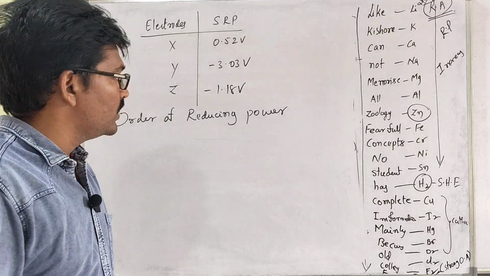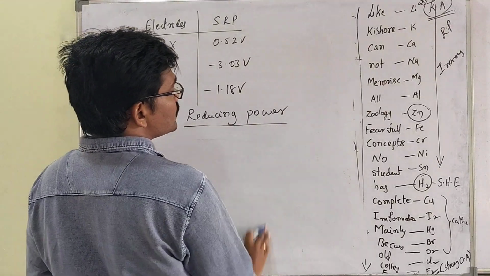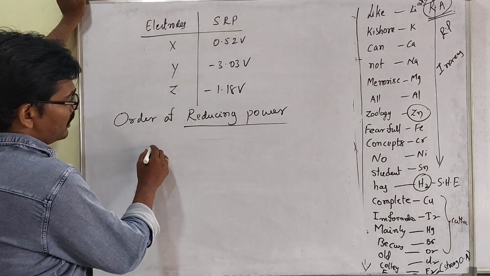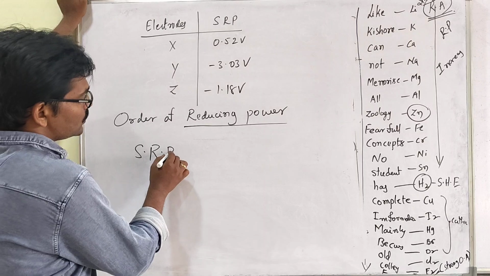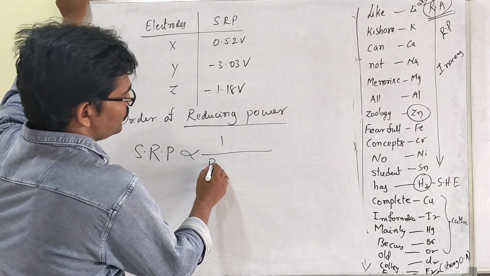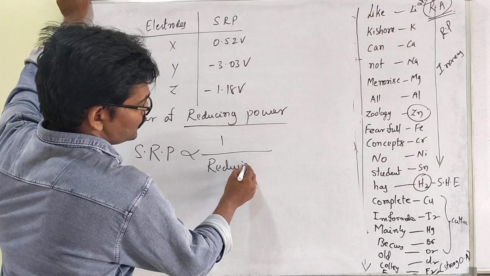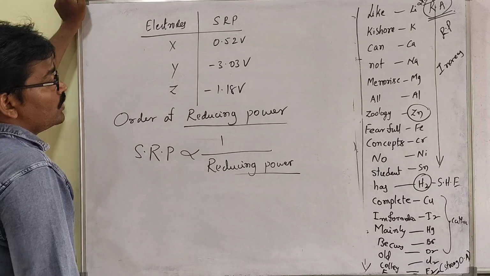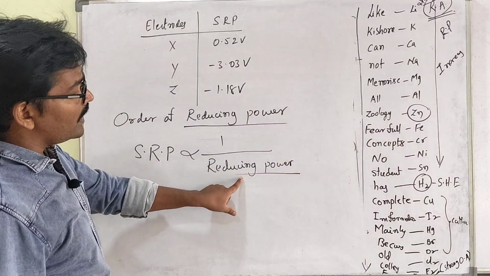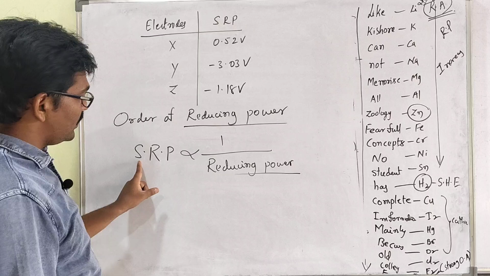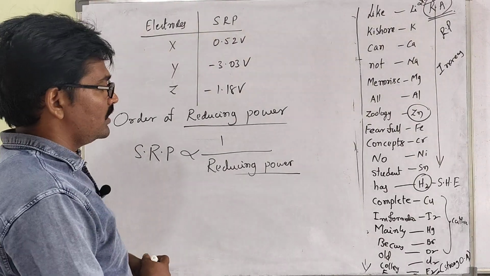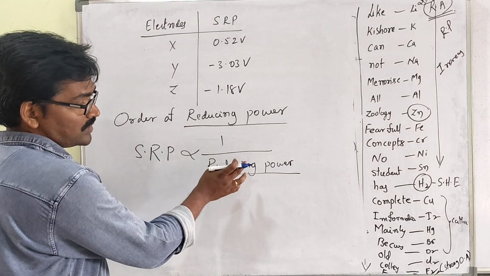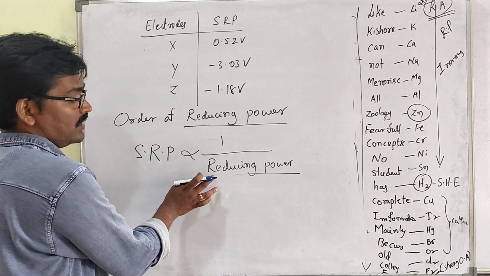Reducing power is inversely proportional to the reduction potential value, as I told. The one with the lower reduction potential value has greater reducing power.